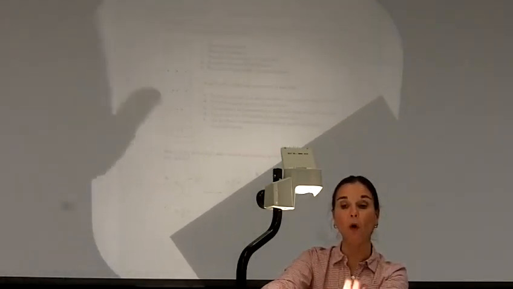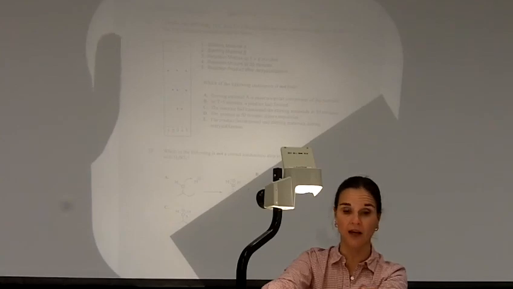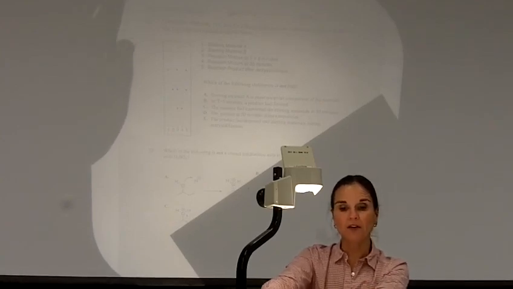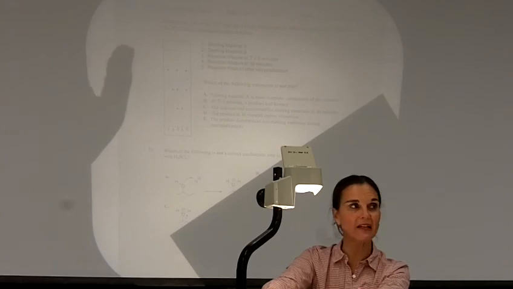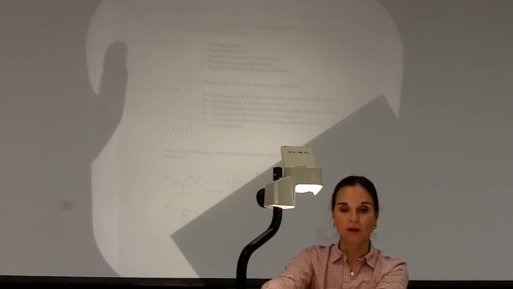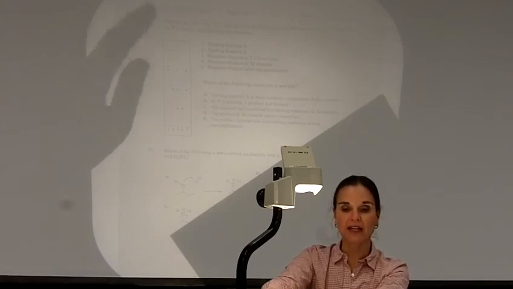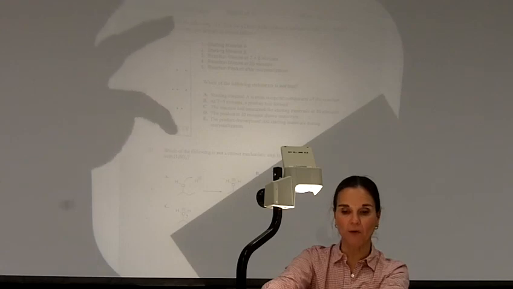Okay, here are the last two. We've got this TLC plate with a whole lot of stuff going on, okay? Considering the following TLC data for a Diels-Alder reaction between A and B, so you're reacting A and B to make C. The TLC lanes are labeled as shown below, so we've got 1 through 5.